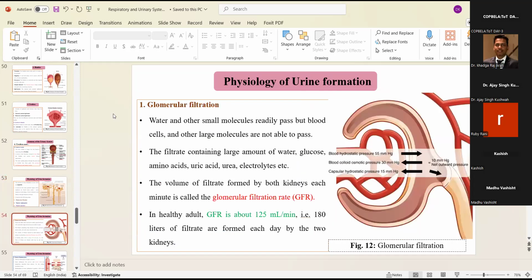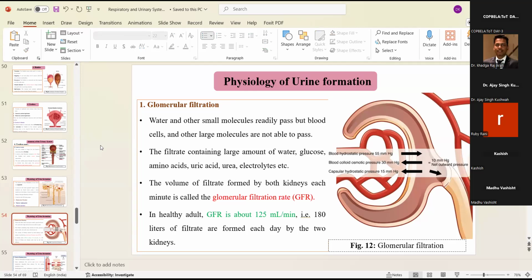So first, let's discuss glomerular filtration. Water and other small molecules pass easily, but blood cells like RBC, WBC, and platelets and other large molecules do not easily pass through glomerular filtration. So the filtrate contains a large amount of water, and some important glucose, amino acids, uric acid, urea, and electrolytes.